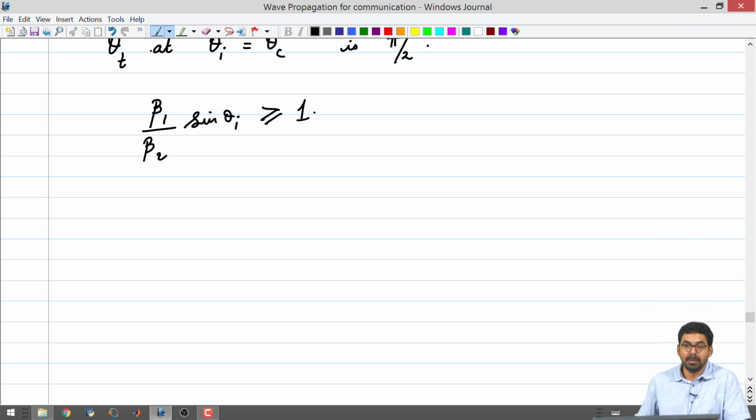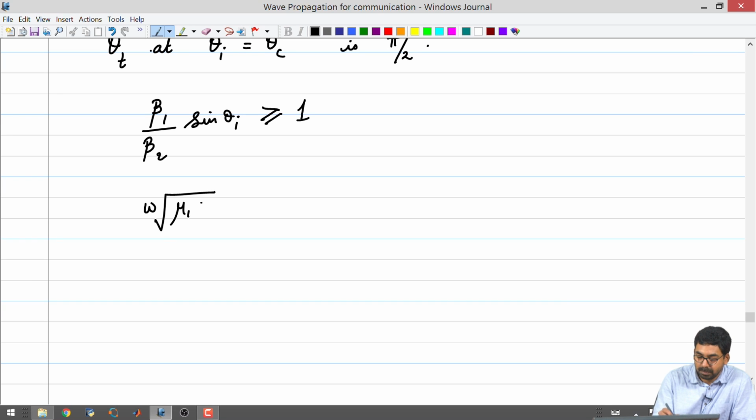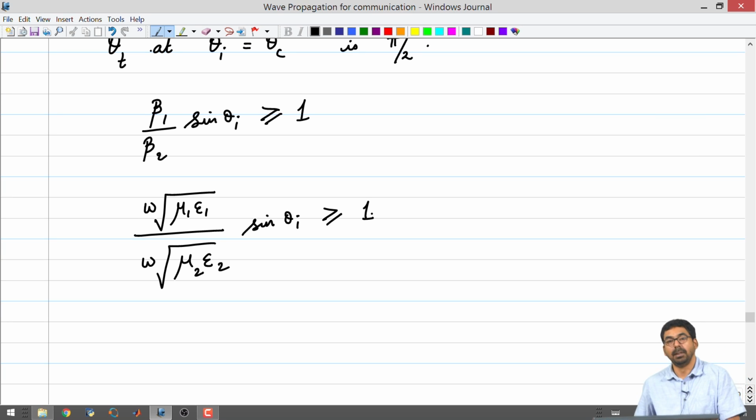First thing that we have to determine is whether this is going to be possible. So, beta 1 will be given as omega square root of mu 1 epsilon 1. So, I can write this down as omega square root mu 1 epsilon 1 divided by omega square root mu 2 epsilon 2, sin theta I greater than or equal to 1. Is it possible?